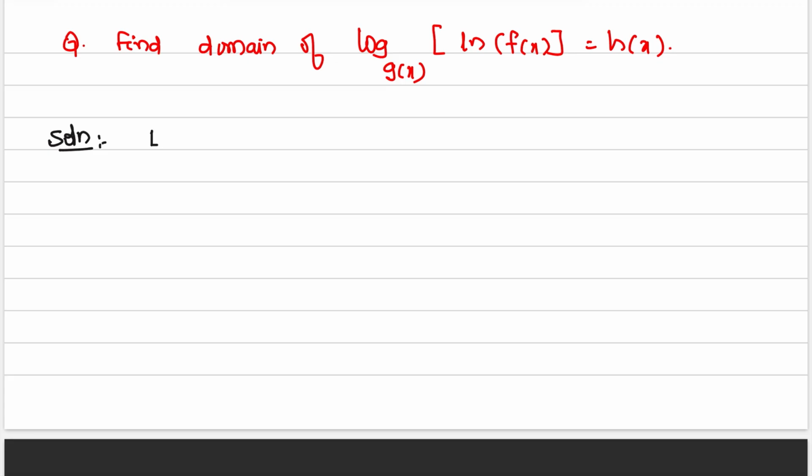Now, let us take one general logarithm, log p to the base q. If it is taken, how will we define it?